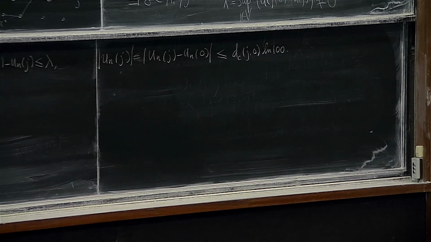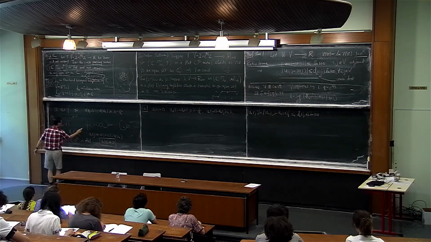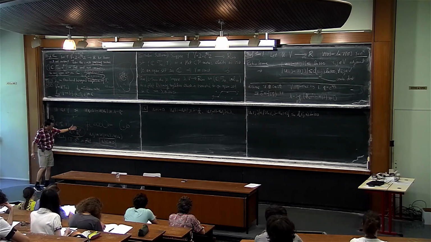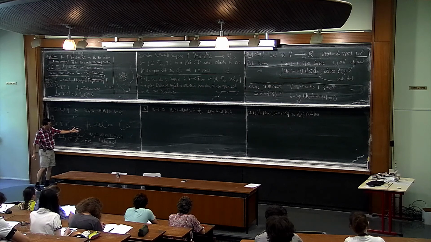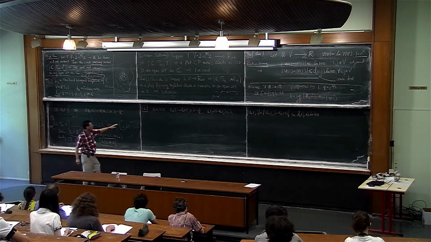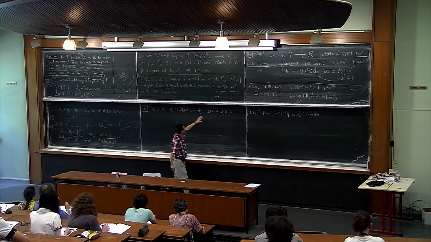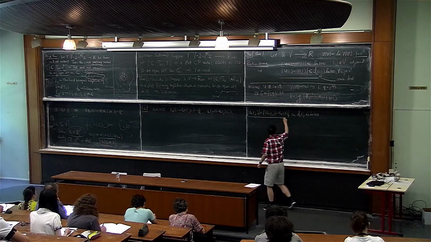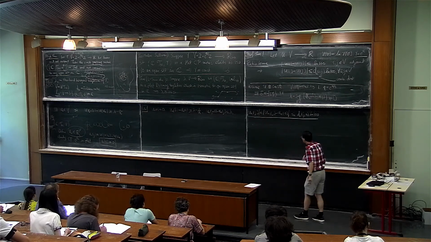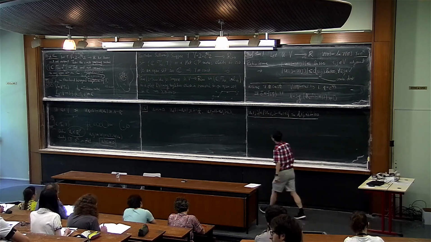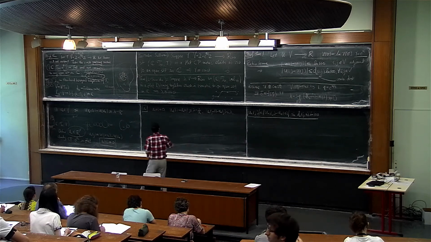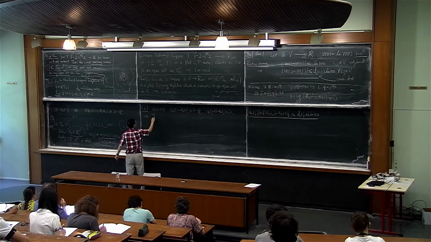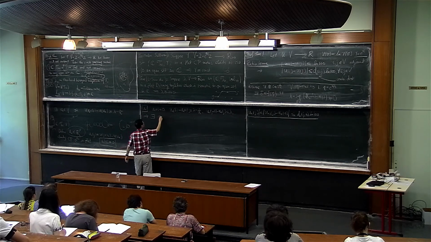I have now a sequence of functions defined on this countable set V, normalized at 0 to be 1, and these two are obvious, and that. So this condition tells you we can now use the Cantor diagonal process, right? So we can now find a convergent subsequence. So this tells you that there exists a convergent subsequence.